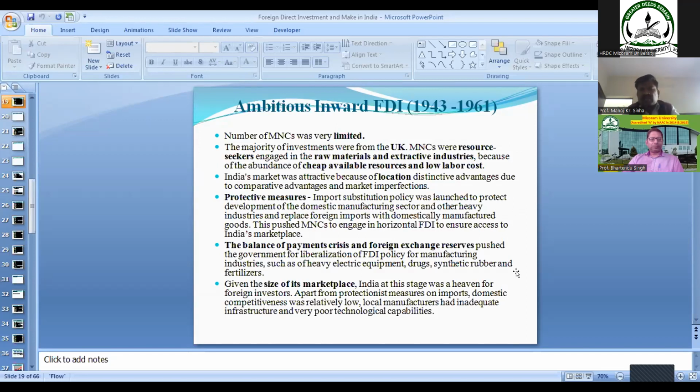India always has the locational advantage, but during this period, India followed a protective policy in the form of import substitution.